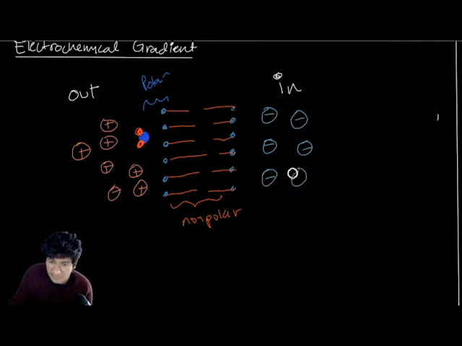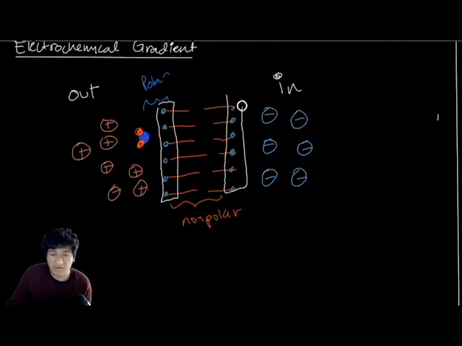And this might look similar because if you've taken a physics class before, this is basically an example of a capacitor, a parallel plate capacitor to be exact. This is one of our plates, and this is another plate, and our dielectric constant is the fatty lipids.